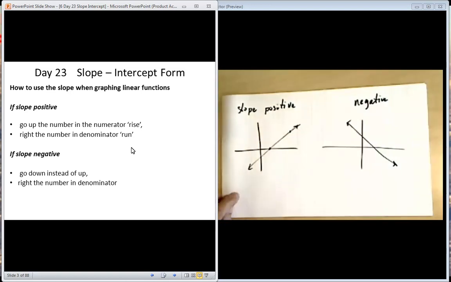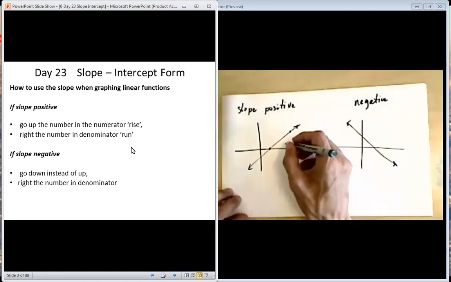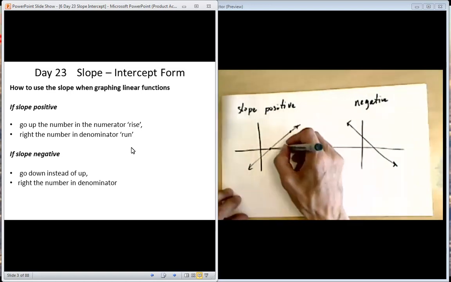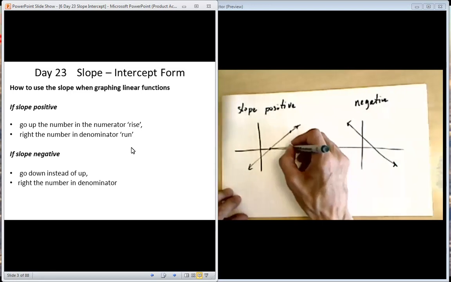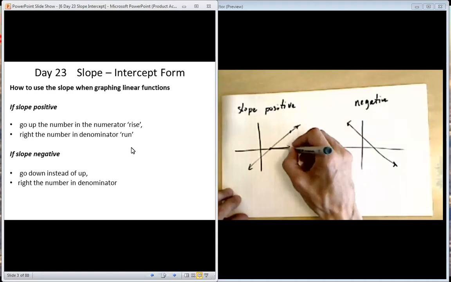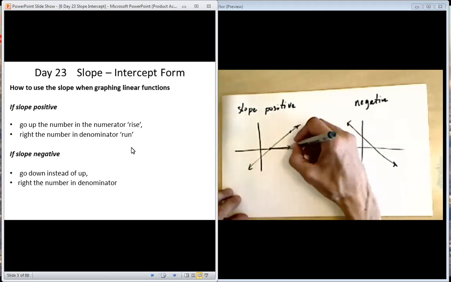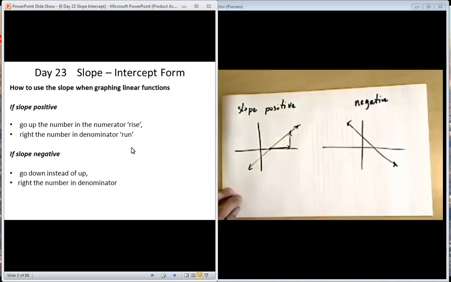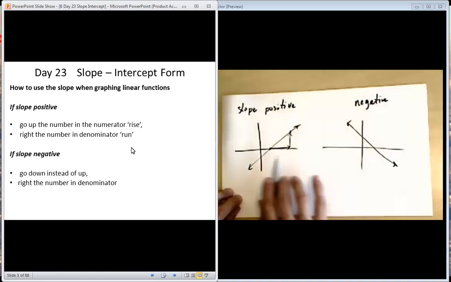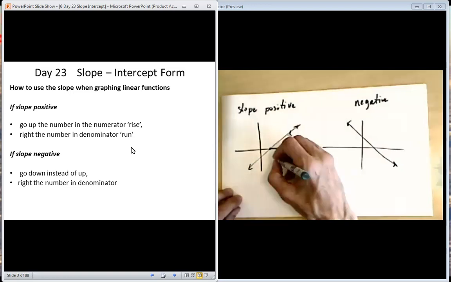Just like yesterday with the Cartesian stuff, we got to go in the x direction. And then we got to go upwards in the y direction. So we go in the x direction. This is called the run.